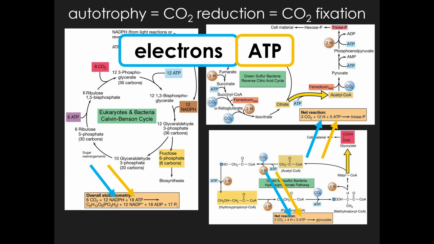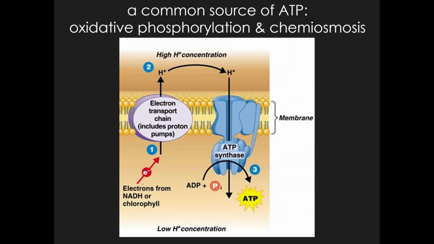And we know from previous discussions that cells have only two ways of making ATP, either substrate level phosphorylation or oxidative phosphorylation and chemiosmosis. Of those two processes, only oxidative phosphorylation and chemiosmosis is going to provide the amount of ATP necessary to fuel carbon fixation, or the light independent portions of photosynthesis as it relates to your general biology discussions.